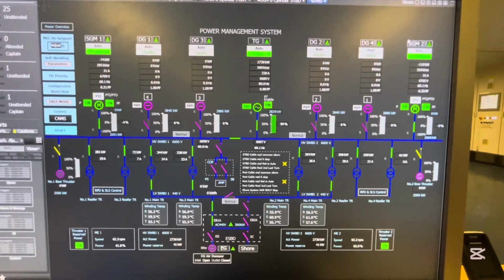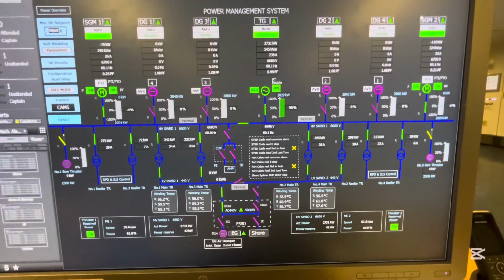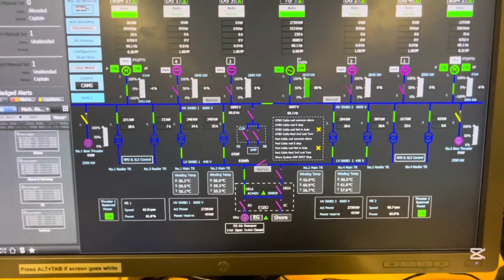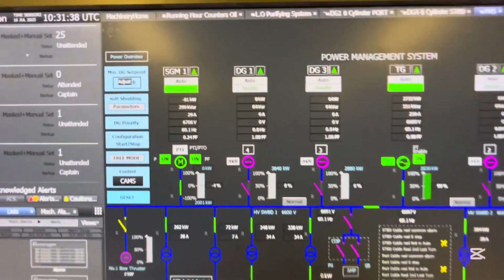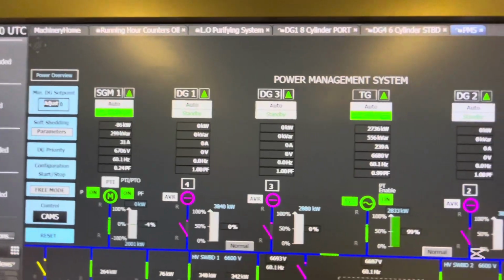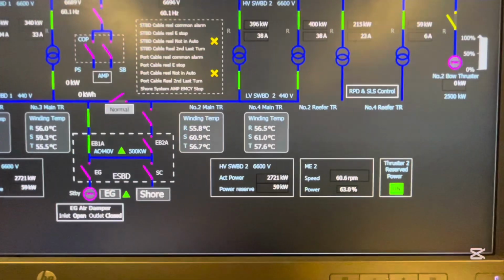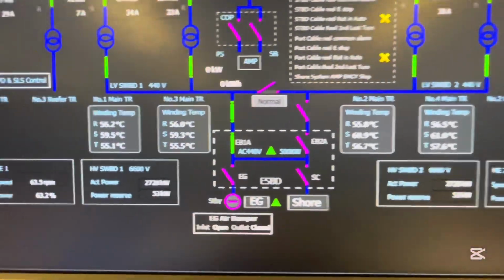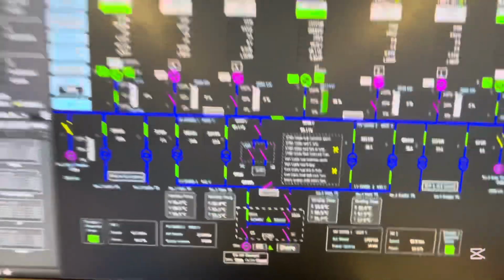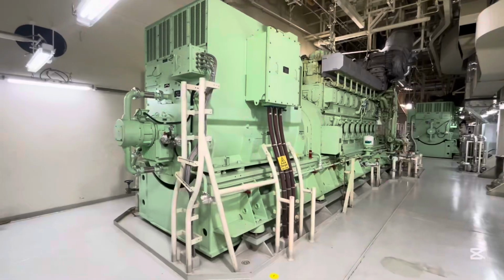Other than that, I can also use CAMS as a PMS repeater unit. Wherever I see in PMS, the second area of the auxiliary engine control system, I can use CAMS also to view it. So basically, CAMS can also be used as a repeater unit of PMS.